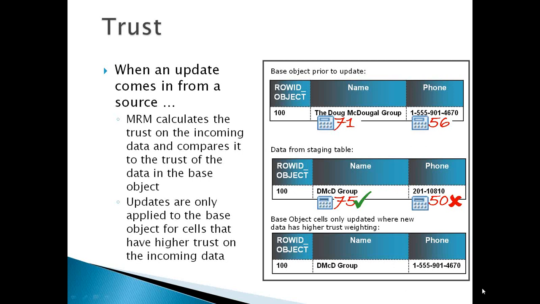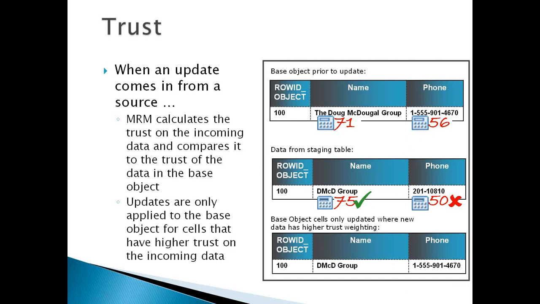So in this case, what will happen? Suppose for the name and the phone number, I don't have any trust. Initially I have 100 in my base object, and now I am sending an update. Whatever update you are sending will get promoted into the master record. That's the difference, basically.